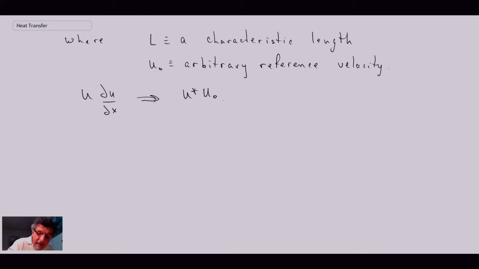And then inside of the partial we have a u, so again we would pull out another u naught, and that would be partial u star. And then in the denominator that would be partial x star, but we would have a length scale L there. So that would result in u naught squared over L, u star, partial u star, partial x star.